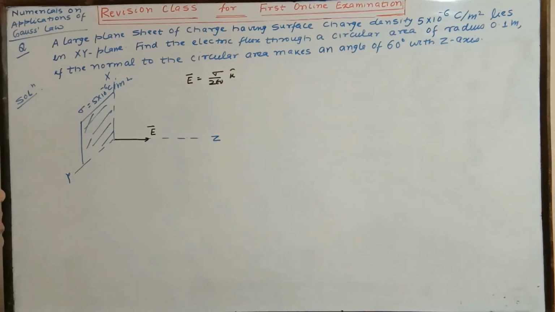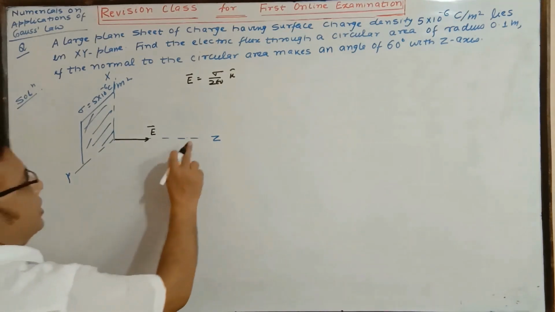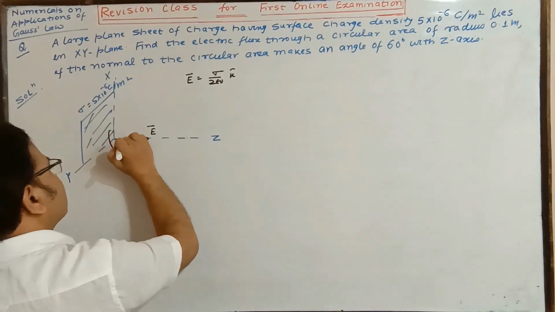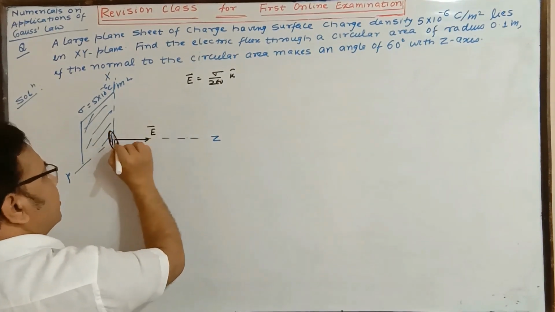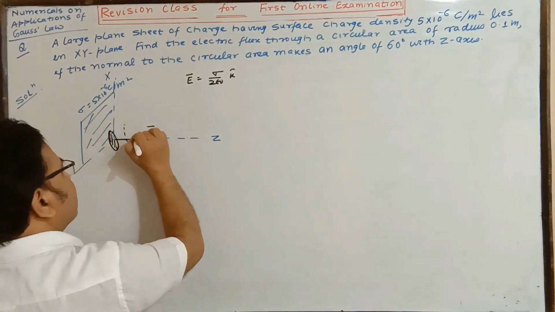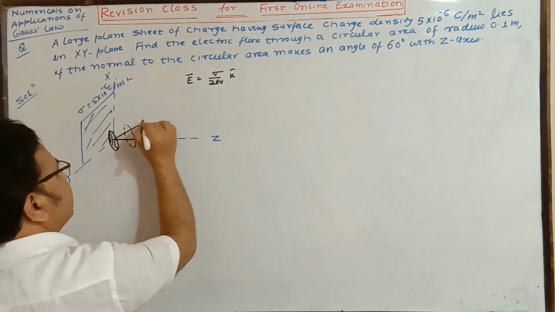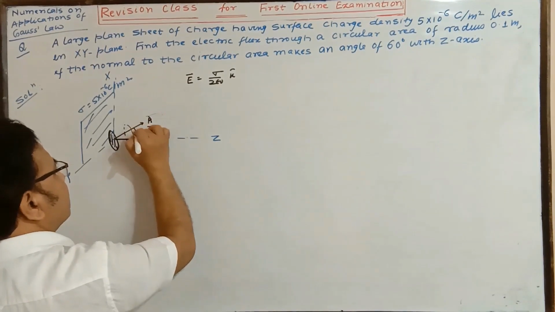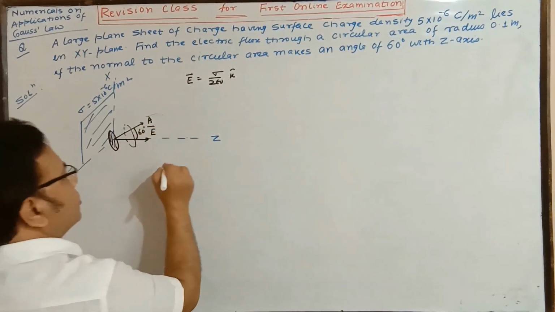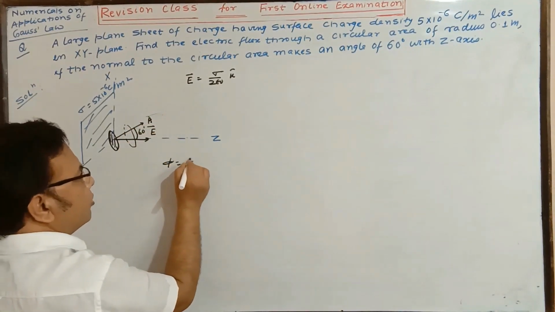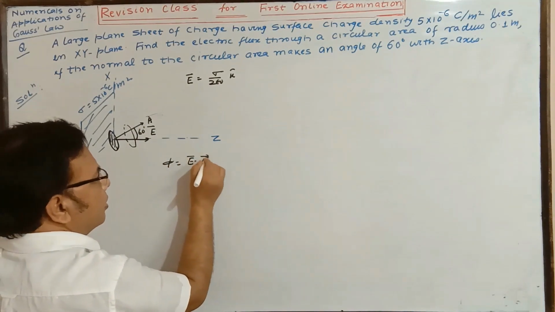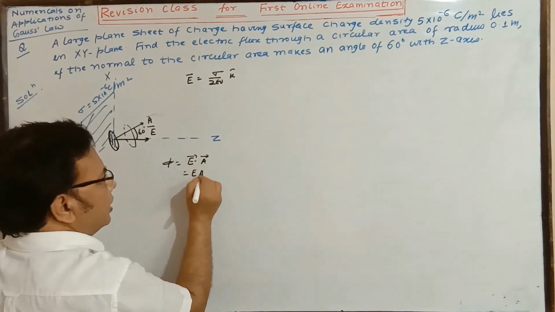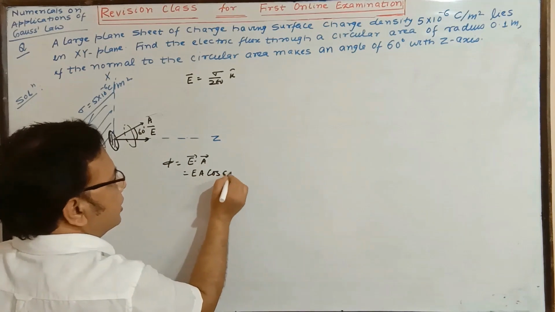If the normal to the circular area makes 60 degrees with the z axis, this is the z axis. Suppose this is the circular area somewhere, either here or here. So this is making an angle of 60 degrees. This is the area vector, 60 degrees. So it's quite obvious flux phi is equal to E dot A, and this is equal to E into A into cos 60 degrees.